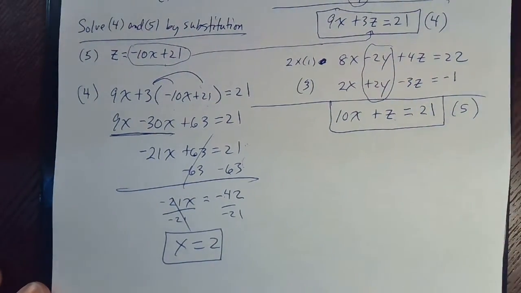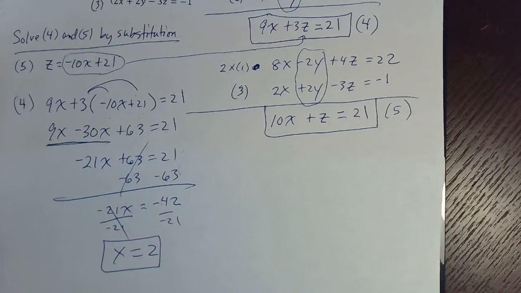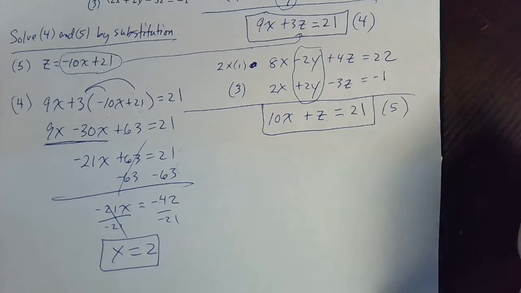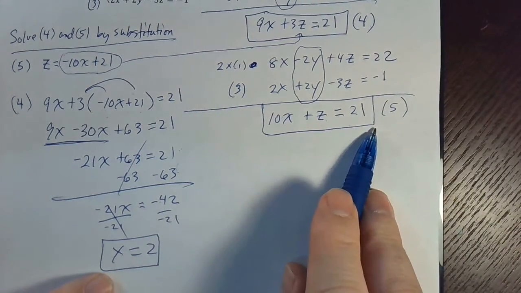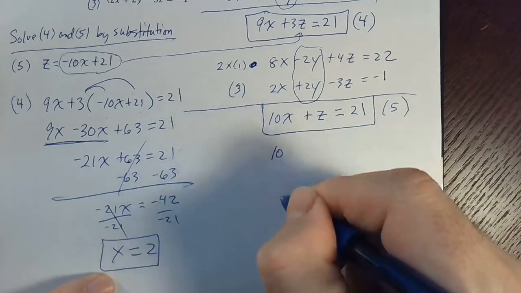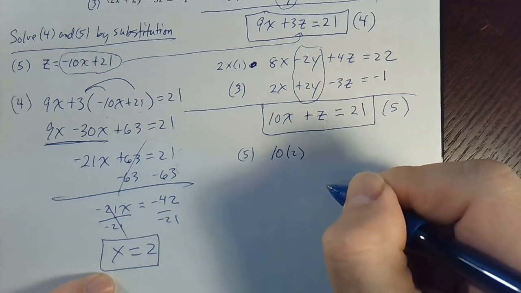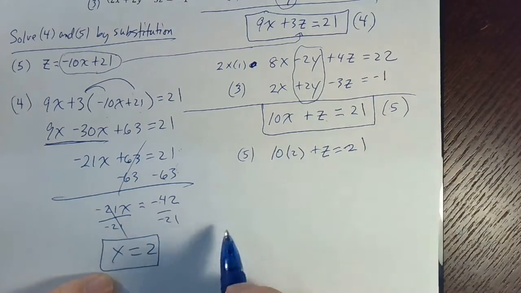All right, x is equal to 2, so we're 1/3 of the way there. How do we get y? Well, not yet. How do we get z? We've got two equations here that have x and z in them: equation number 4 and equation number 5. So let's look at equation number 5. X is a 2, so 10 times 2 plus z equals 21.